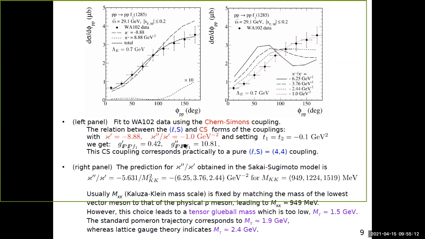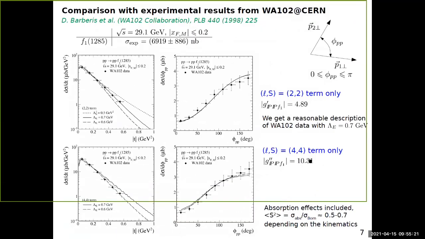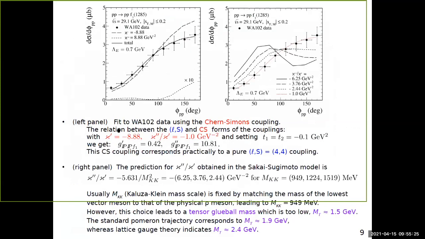If you compare this number obtained from this fit to this value, you see that the agreement is about 5%. So we conclude that this Chern-Simons coupling corresponds practically to pure 4-4 term.